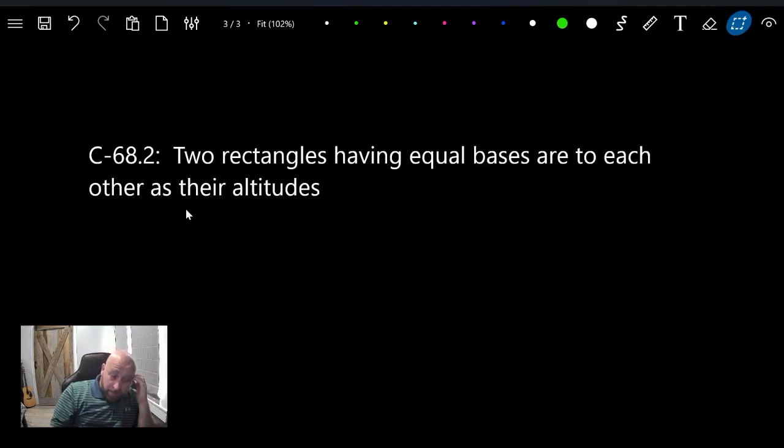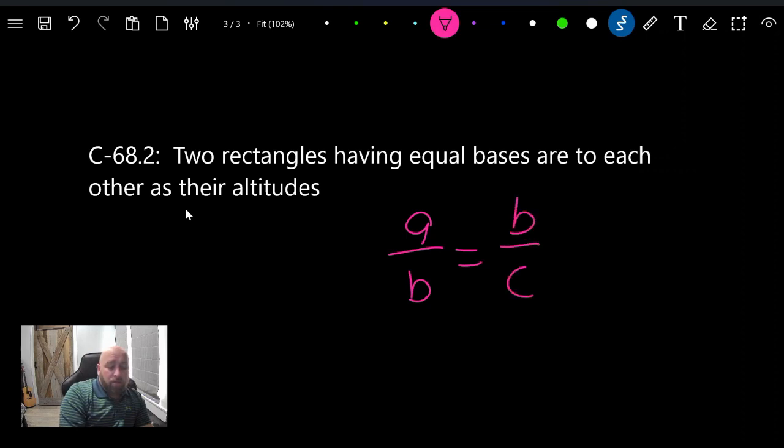Two rectangles having equal bases are to each other as their altitudes. Now this one's a little bit interesting because we have equal bases now. So we have bases that are identical. This kind of looks like the mean proportionals that we did, where we had A over B equals B over C when these are equal right here.